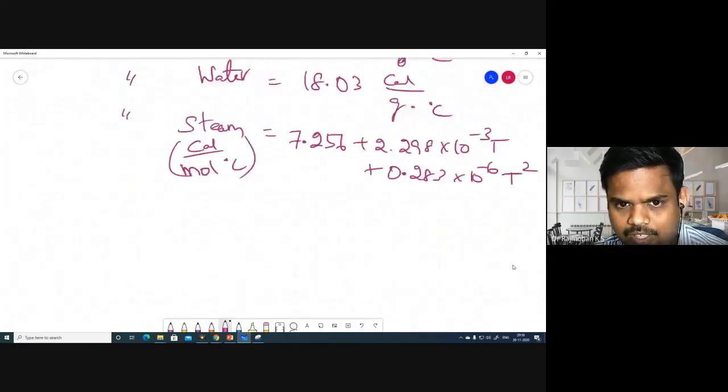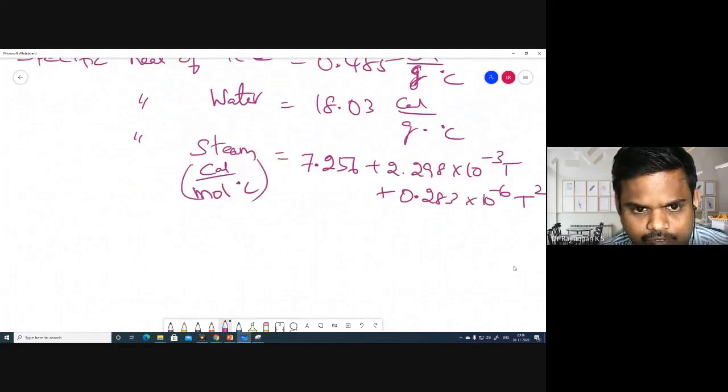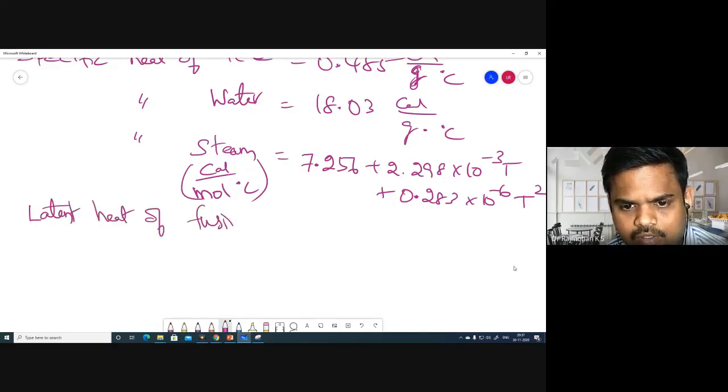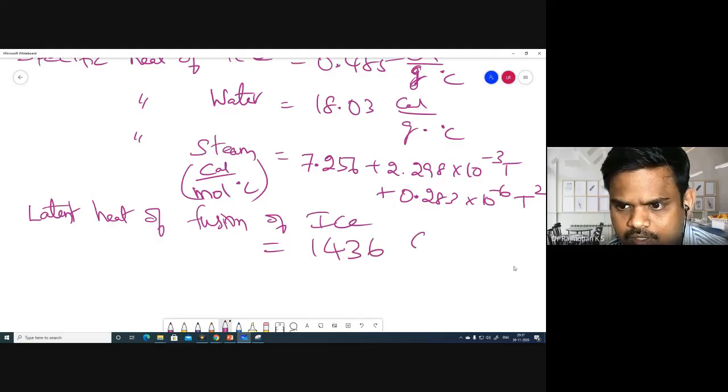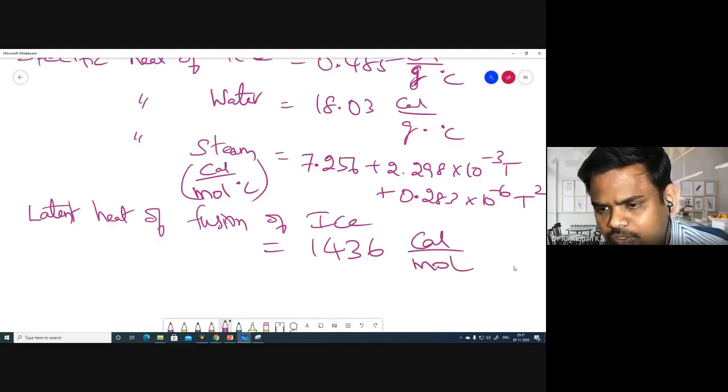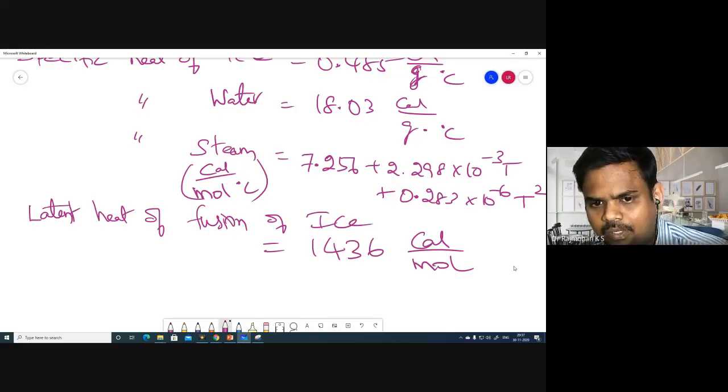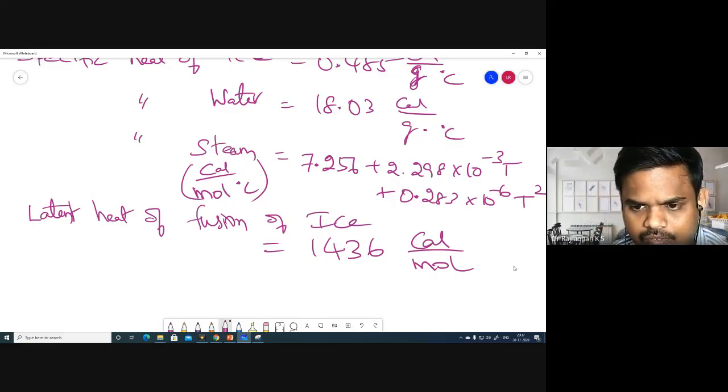So the other two data are also given. Latent heat of fusion of ice is equal to 1436 calories per mole. Remember, again for this also the unit is mole, so this multiplied by the number of moles gives us the latent heat of fusion of ice.